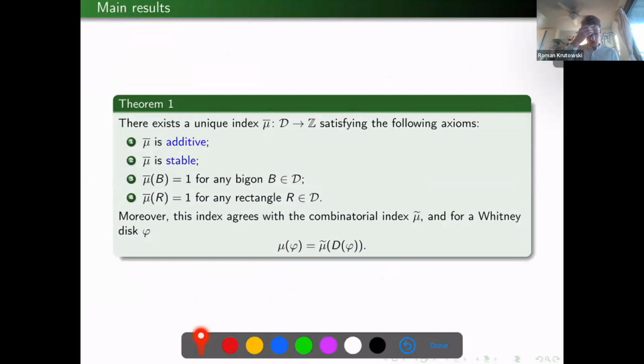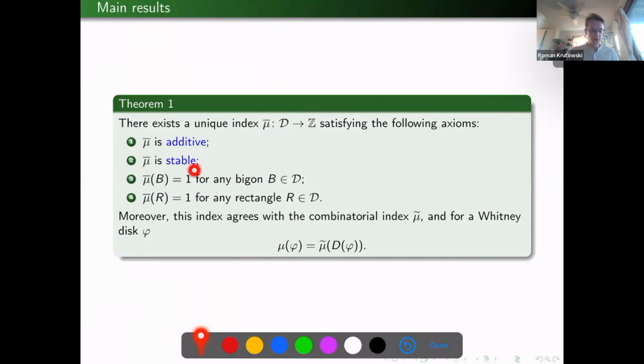Then we show the theorem that there exists a unique index from a collection of all domains. D here is a collection of all domains over all Heegaard diagrams, and we show that there exists a unique such function from this collection to Z, which satisfies the following four properties.